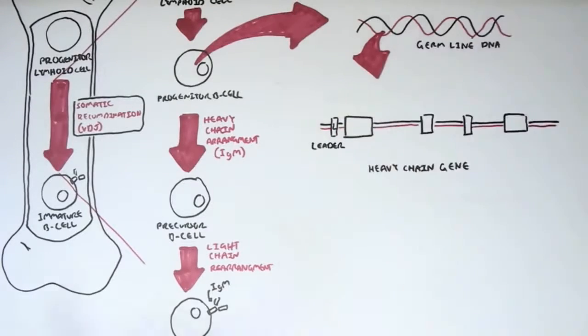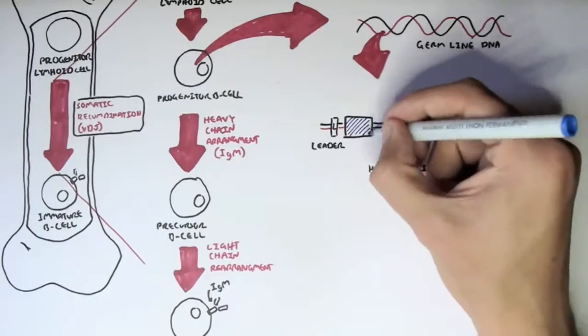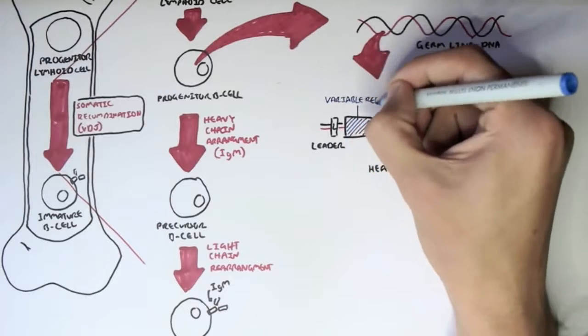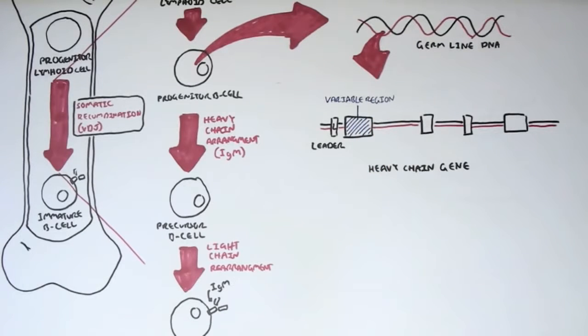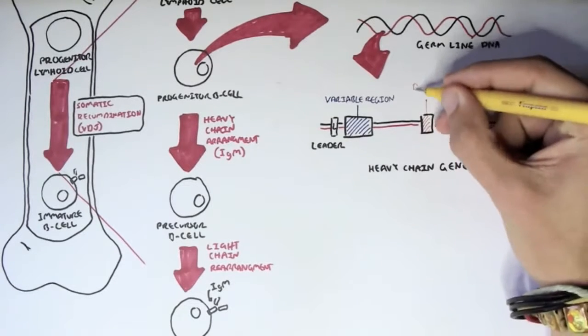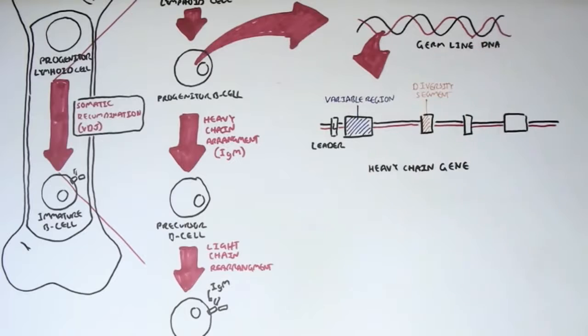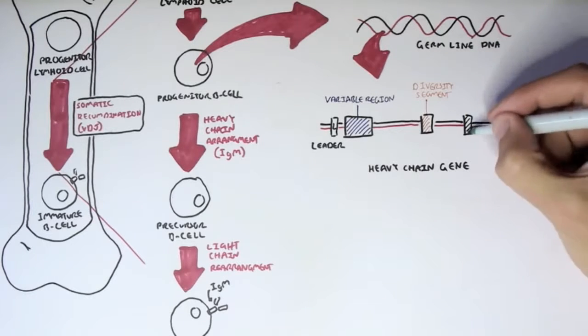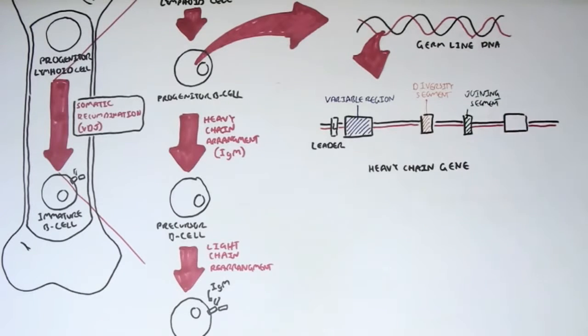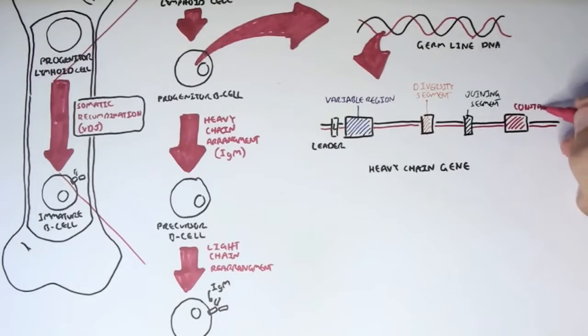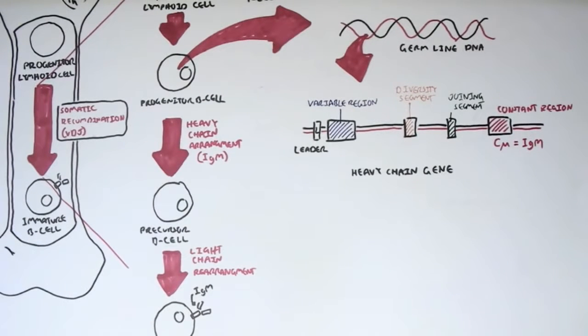So in the heavy chain gene, we have a leader segment, we have a V segment known as the variable region, and we have the D segment, the diversity segment, we have the J segment, the joining segment, and we have the constant region. On the heavy chain gene, the constant region is known as constant mu, which will essentially make the antibody for immunoglobulin M. And now this is in the DNA.